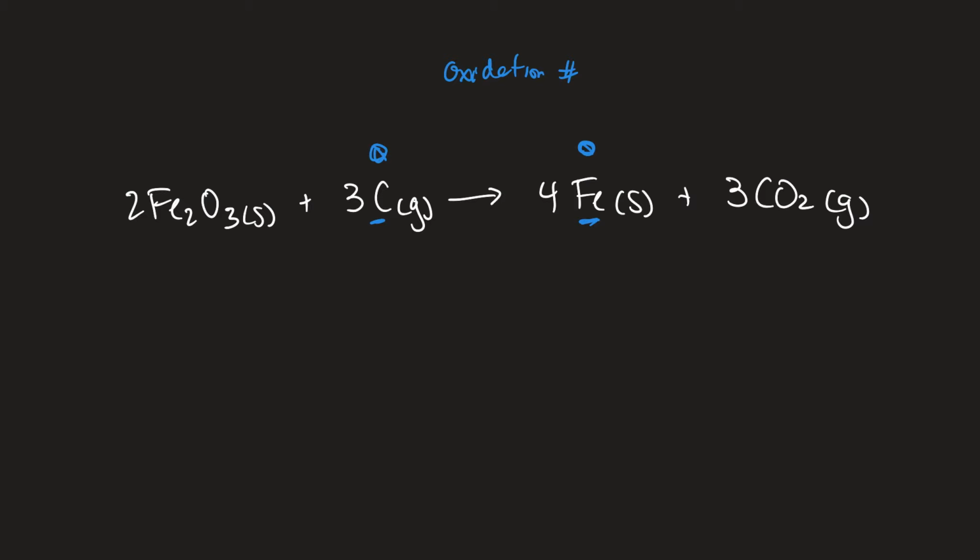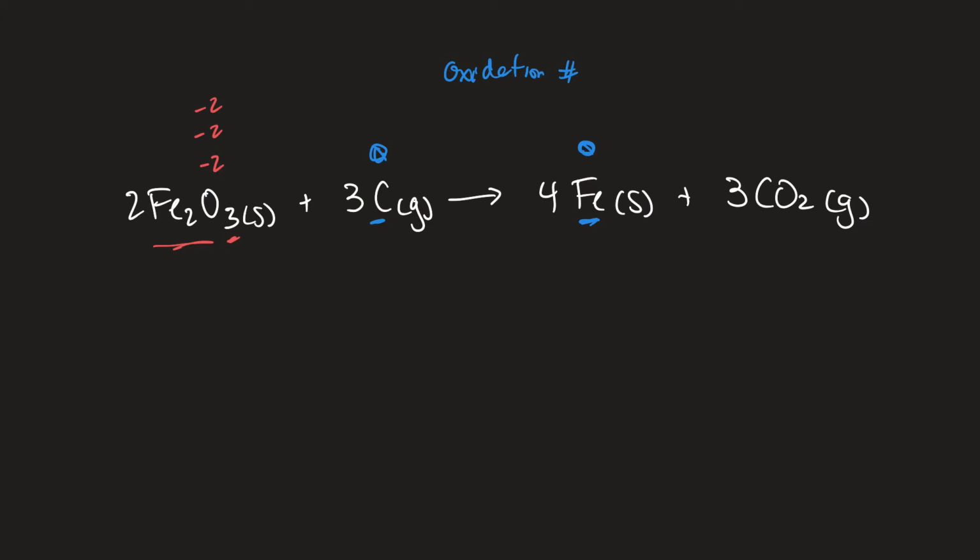Now, if we're looking at the Fe2O3, right? We already said that oxygen, in this case, when it's bonded to something, will have the oxidation number of -2, right? How many oxygens do we have? Well, we have 3 of them. So we got 3 -2 oxidations because there's 3 oxygens, right? Well, this overall compound is neutral.